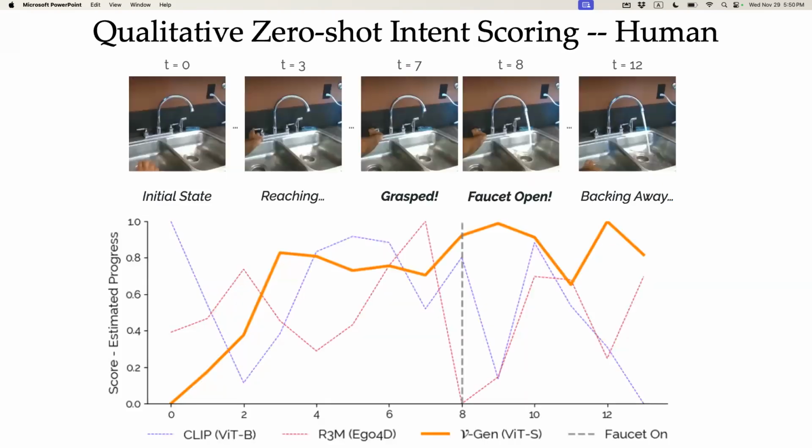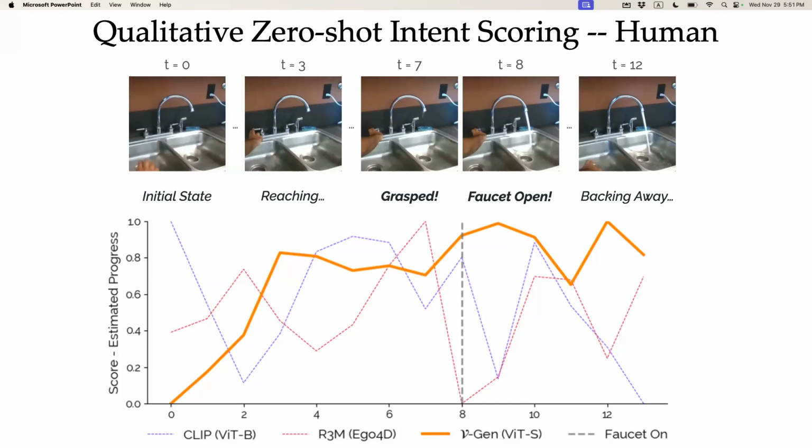I think one other interesting result that we had with the Voltron model that I found pretty exciting is if you give it a video of a person, let's say opening a faucet, and you just look at what the representation outputs, you could do zero-shot intent inference. The model is actually pretty aligned in terms of figuring out when the faucet is being opened. So it figures out the intent of the person from this video, zero-shot without any fine-tuning.